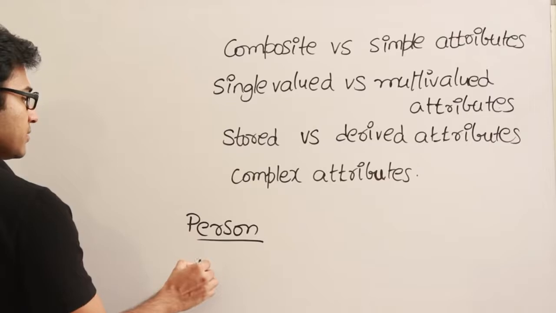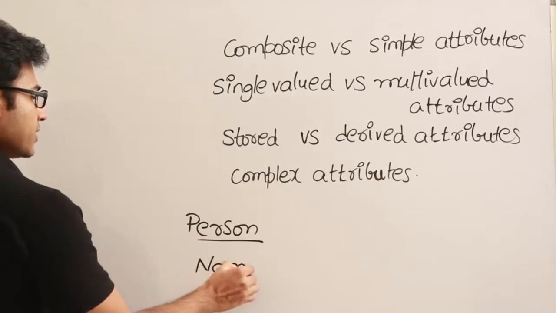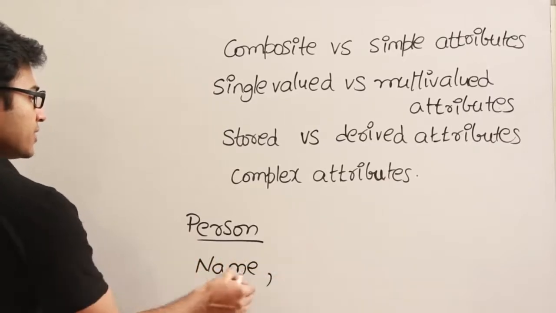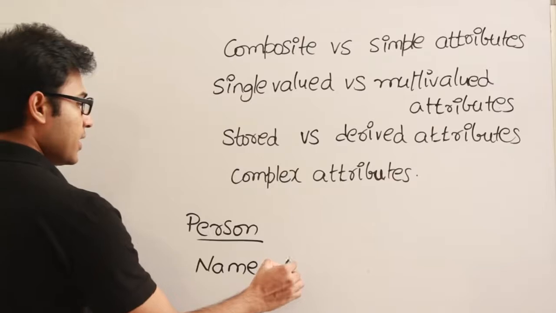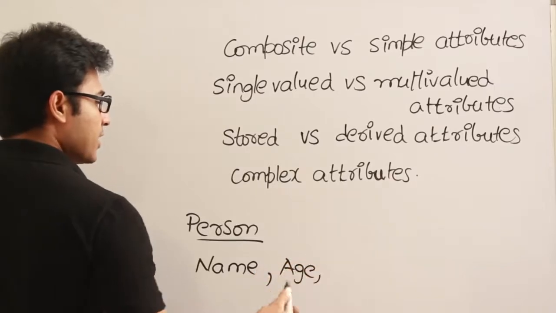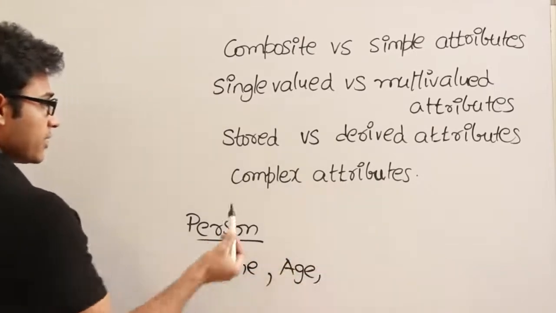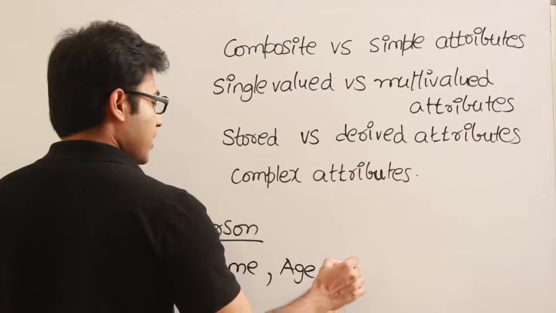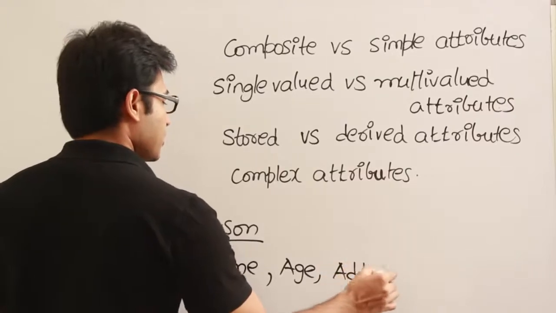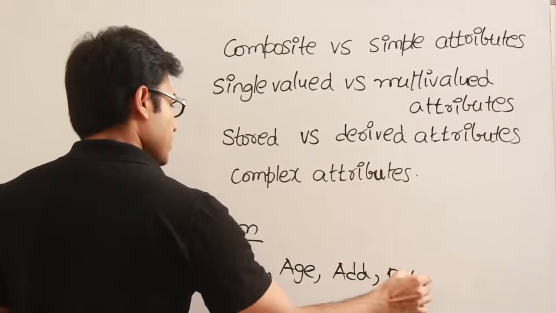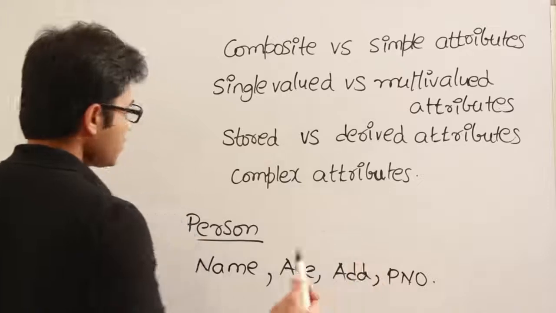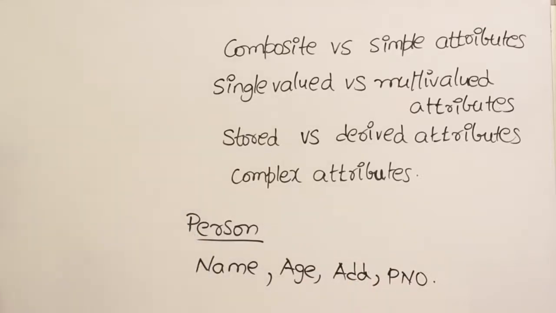And now person will be having a name. These are all the attributes, right? Name is an attribute which will describe a person, and maybe age is an attribute, and it will even better describe a person, and maybe address is an attribute, maybe phone number is also an attribute, right?